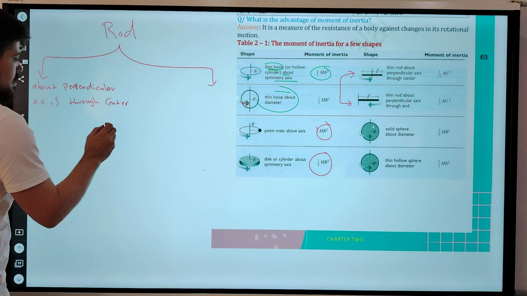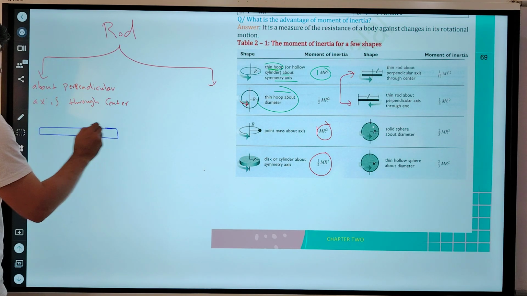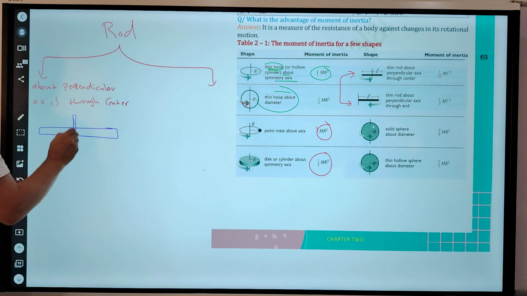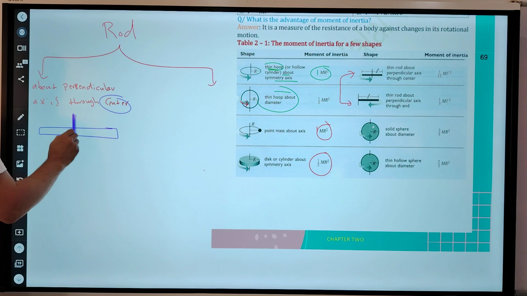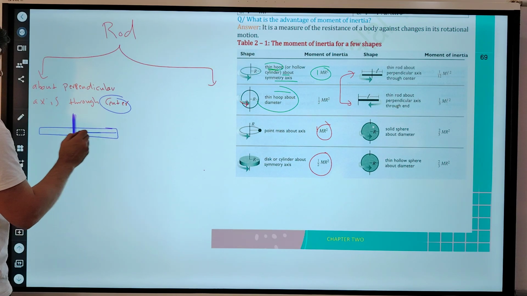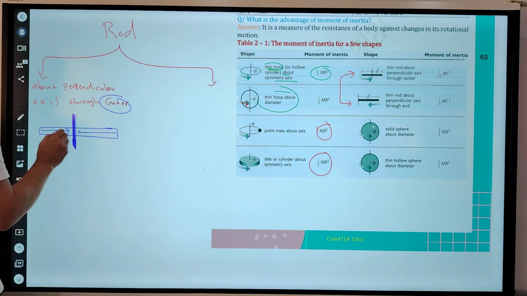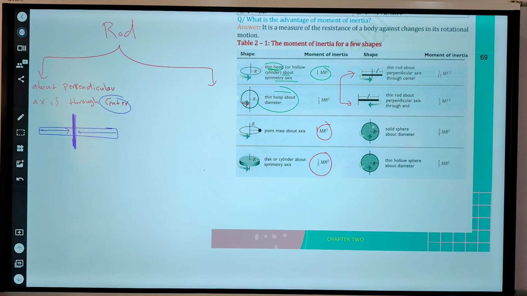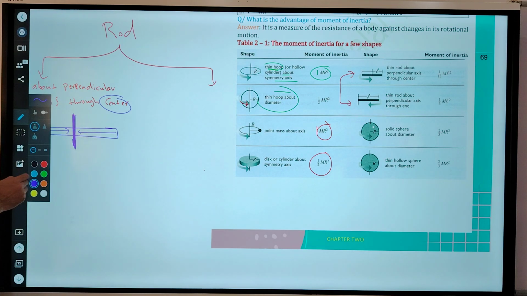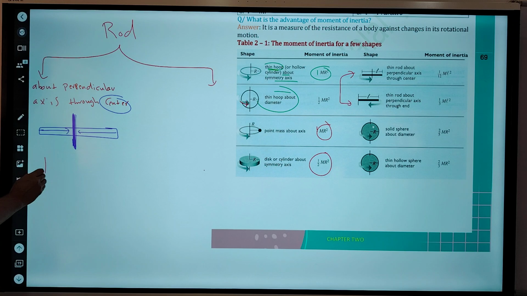So let's draw the bat or rod. This is the rod, and this is the axis of rotation. Okay, the axis of rotation is located where? The center. In that case, the distance to the axis of rotation is less, okay, compared with the end of the rod. In that case, the moment of inertia is equal to what?